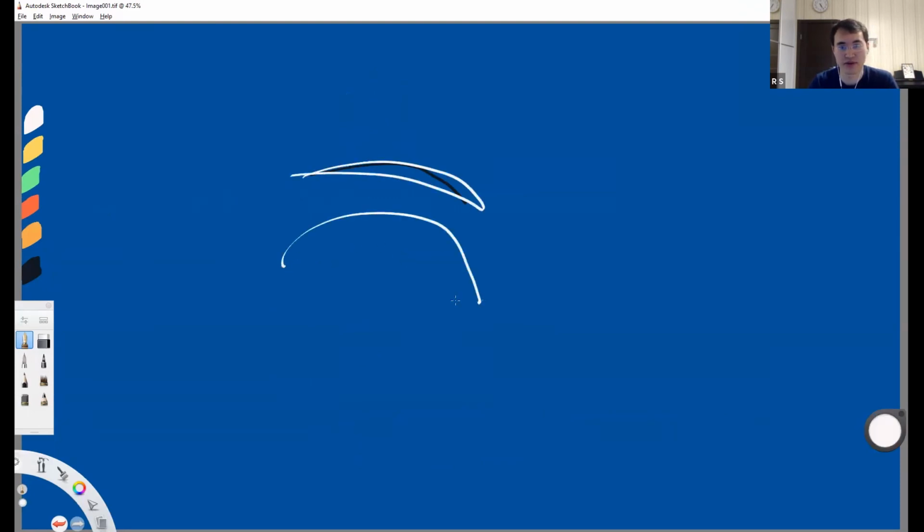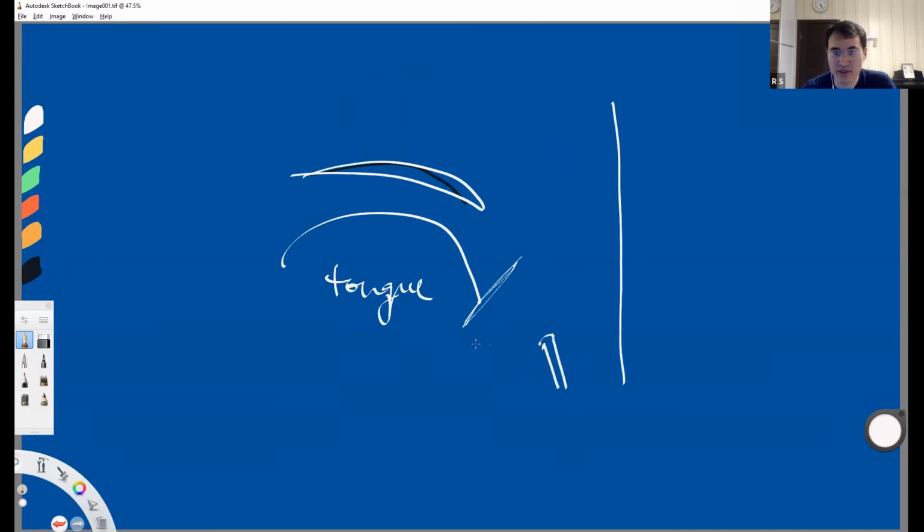You have your tongue here and the epiglottis here, and the esophagus and larynx. This is the larynx and this is the esophagus. This is for adults or children who are older than, I guess, 3 or 5 years. So we need this epiglottis to move down.